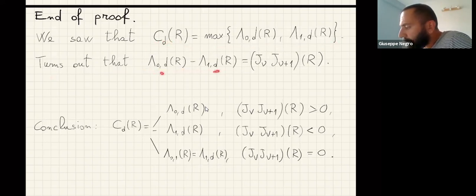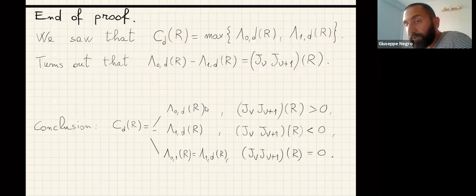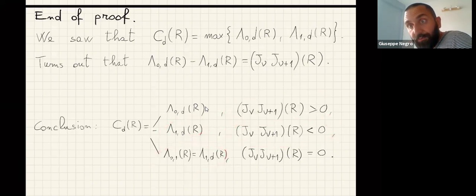The difference between these two, using their explicit expression, is exactly that function which was in dashed green in the picture, which controls, with its sign, which branch of the lambda to choose. And this is why the constant is piecewise as well.